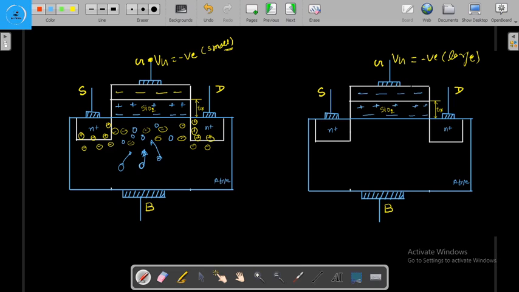Due to the more negative voltage applied at the gate, more holes will be attracted from the substrate, and a large number of holes are accumulated between the source and the drain, right?